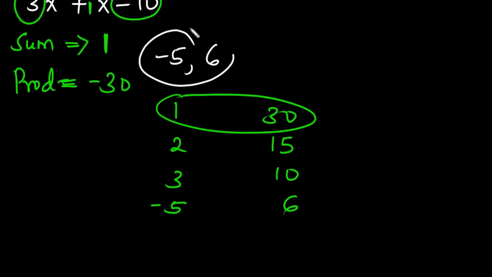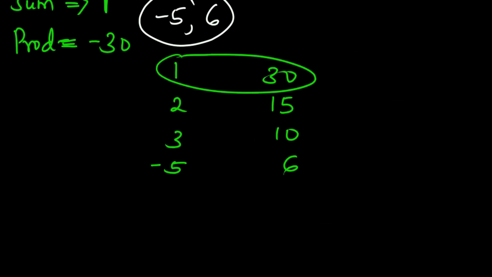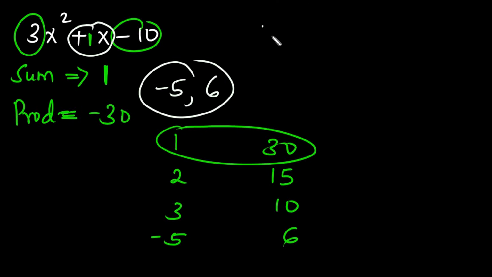So as we said, we are going to rewrite this middle term in terms of negative 5 and 6. And what are we going to have? It's going to be 3x squared minus 5x plus 6x.